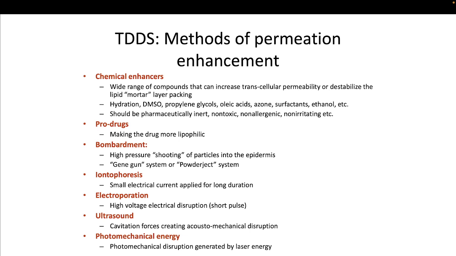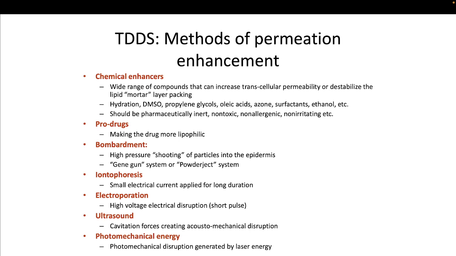But care needs to be taken that you can't increase the amount of DMSO or ethanol, as it can be toxic to the body as well. One other method is making the drugs into prodrugs, because as you know, lipids are hydrophobic. So if you make your drug lipophilic, which can interact with the lipids very easily, then it's easier for the drug to pass through that lipid layer.